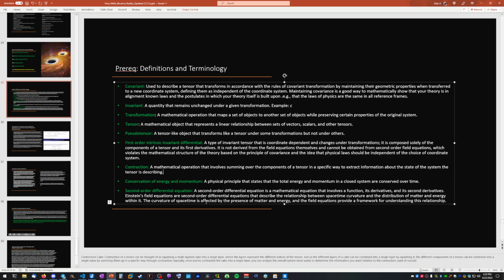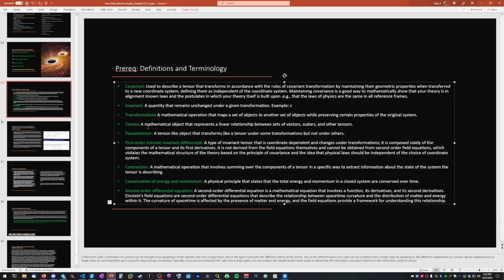The curvature of spacetime is affected by the presence of matter and energy, and the field equations provide a framework for understanding this relationship. So basically, this creates the framework in which the quote unquote solutions derived from these field equations, right? This describes how to interpret those solutions, how those solutions have to be in alignment with a certain framework, how it has to be covariant and all that, right?